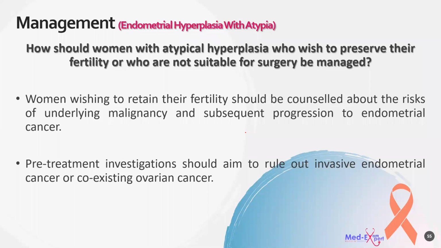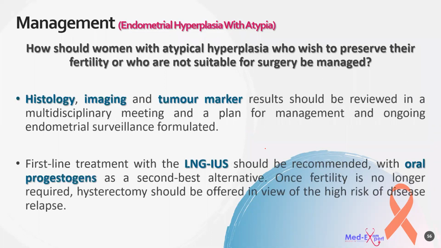And before we offer alternative choices to hysterectomy, we have to do pre-treatment investigations to rule out completely invasive endometrial cancer or coexisting ovarian cancer by doing histology, a good histological specimen, imaging techniques, and tumor markers to exclude any malignancy, and then offer them progestogen therapy by levonorgestrel IUS.